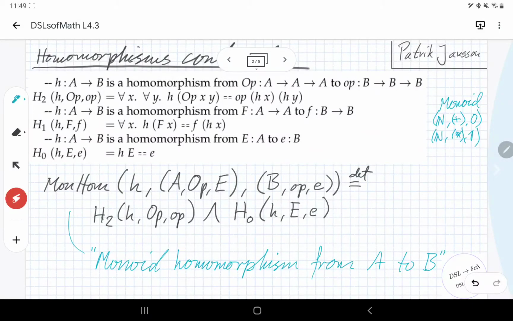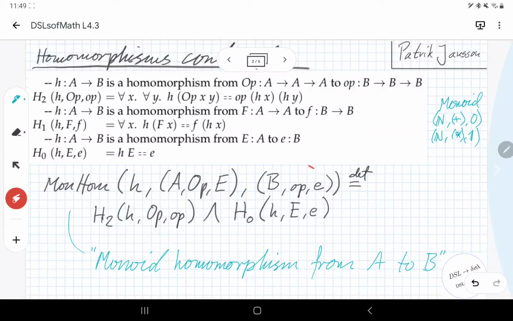So now, what is a monoid homomorphism? A structural homomorphism between monoids. Well, I define here a predicate, monoid homomorphism, and it has three components. As usual, h, which is just a function from A to B still. And then I have this triple, which is often the notation for a monoid in the mathematical literature, which has the type and the operators, binary and unary, or nullary.